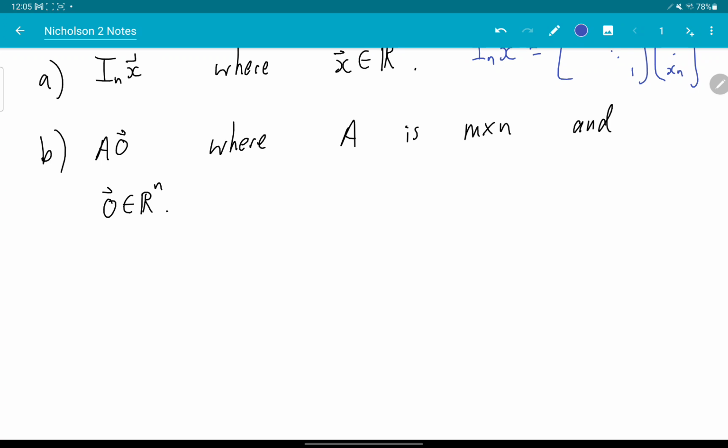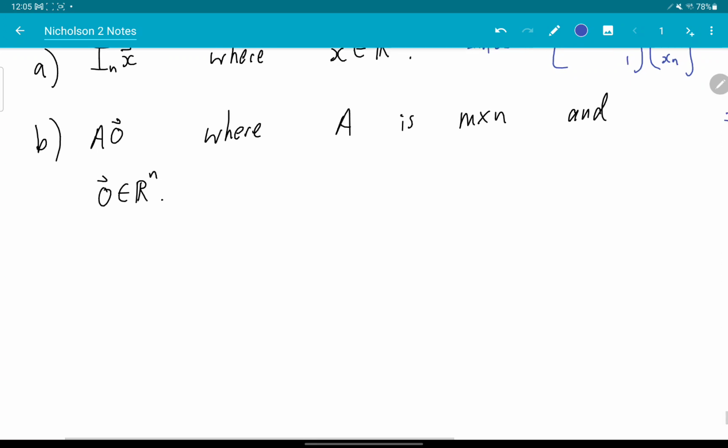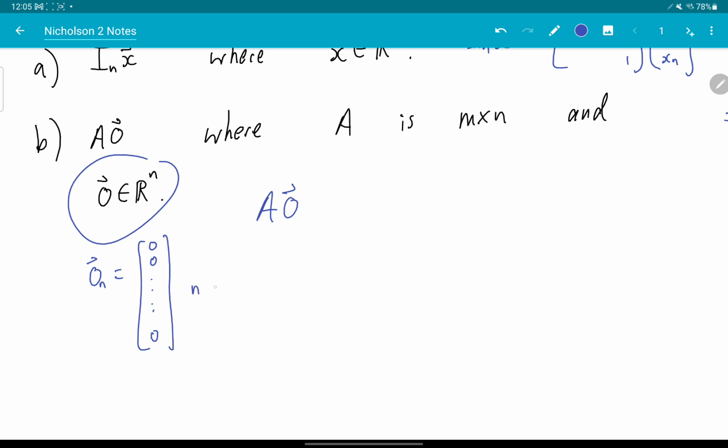Okay, A times the zero vector is going to be the zero vector. So maybe I'll say it a bit more carefully. If I have A times the zero vector, if I want to talk about the zero vector in Rn, maybe I could put a little subscript to say that I have n entries in my vector. n could be 17, n could be 26.